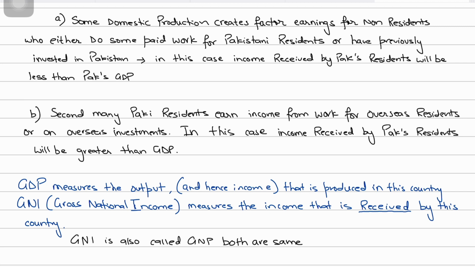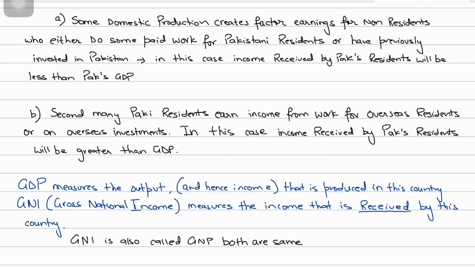So they're doing some paid work for Pakistani residents, or maybe have some sort of investments in Pakistan. They own some, let's say, property in Pakistan against which they are receiving factor incomes, but they're not residents of Pakistan. Although that income is generated in Pakistan, that income belongs to the USA resident, right?